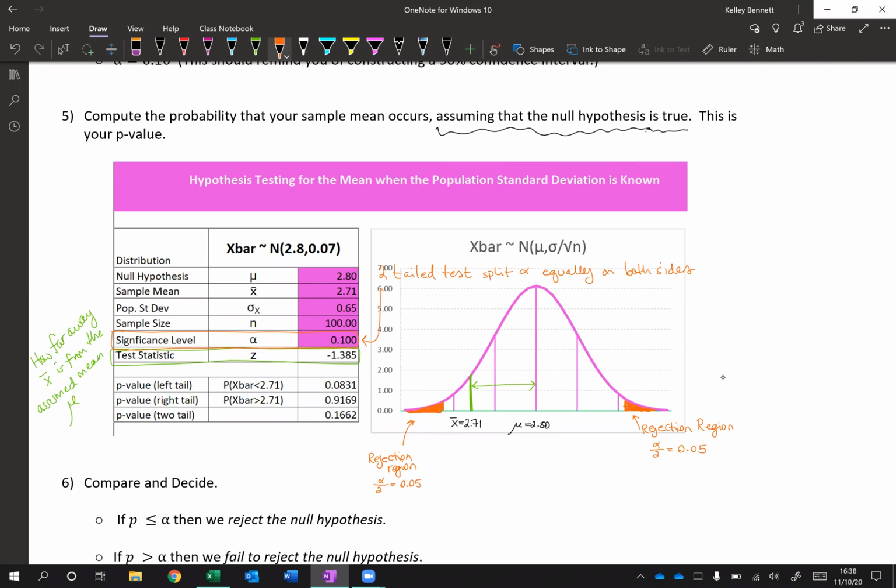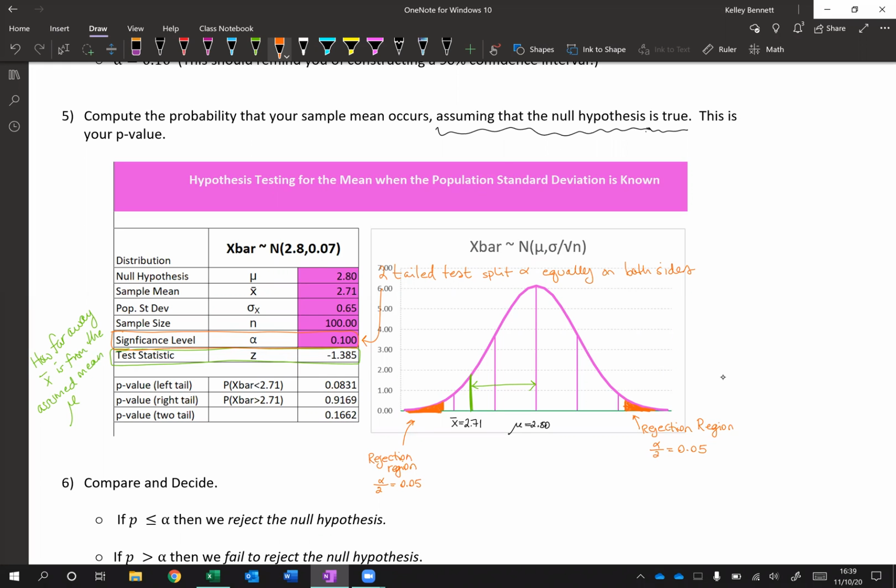So you can see together that if I added up these two rejection regions, the area would be 0.05 plus 0.05, which gives me 0.10, which is exactly the alpha that we had given to Excel when we started the problem, when we started the test.